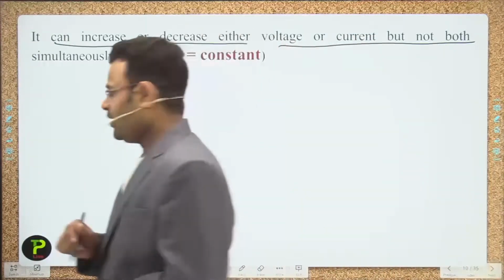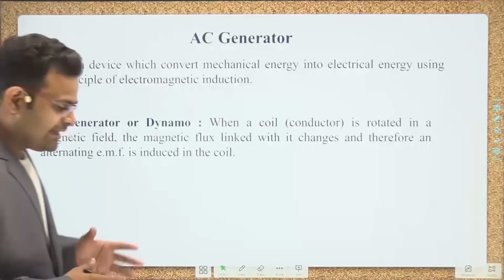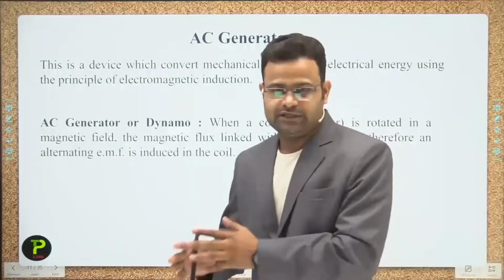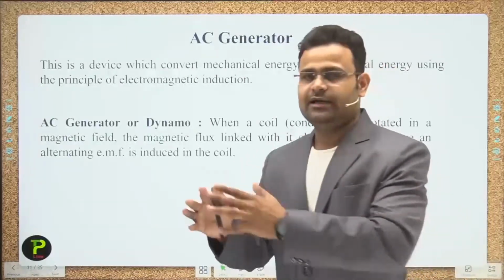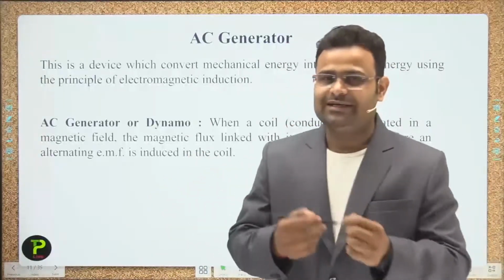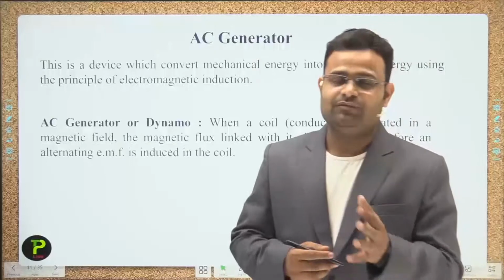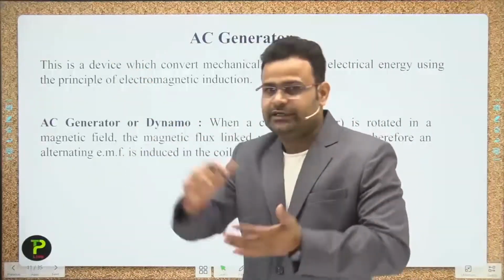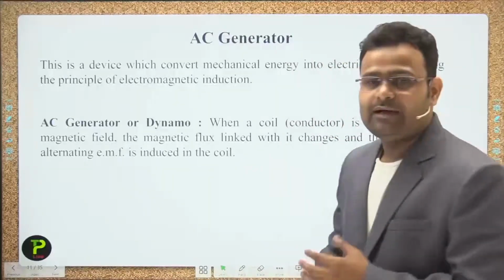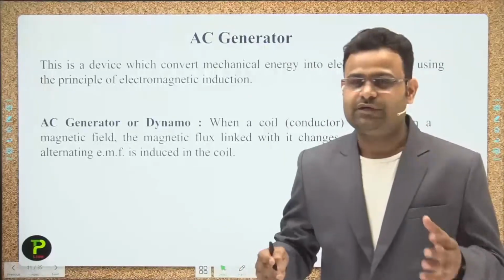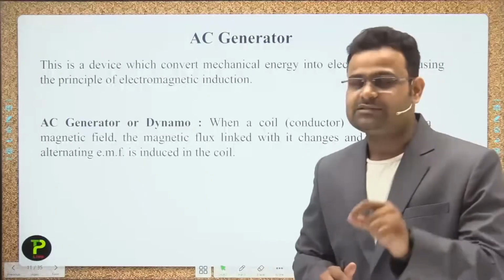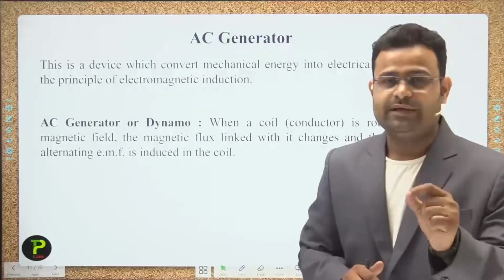Okay. Now the next topic is the AC generator, the alternating current generator. An alternating current generator provides current and voltage in the form of a sinusoidal, not a constant voltage. In our houses we always use alternating current, but batteries always provide direct current.